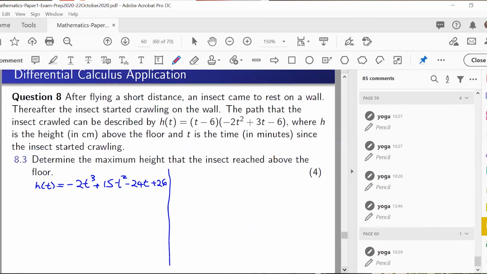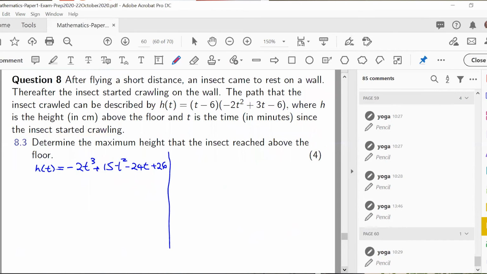8.3 we did not do last time. I think it was because of time. Determine the maximum height that the insect reached above the floor. Well, we have expanded h(t) and we are ready to find the derivative.